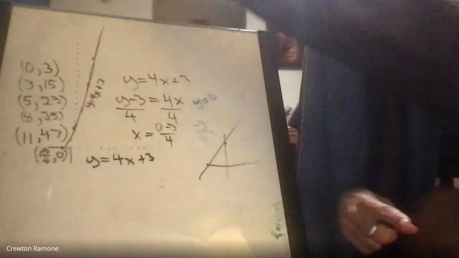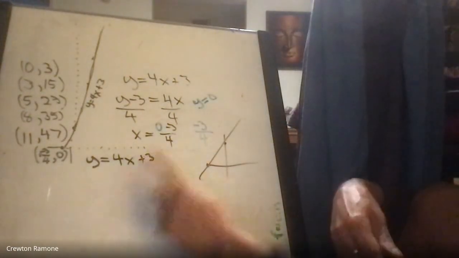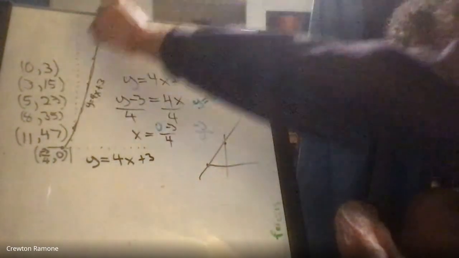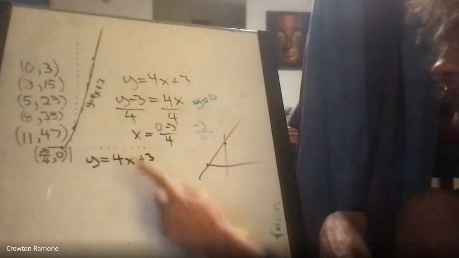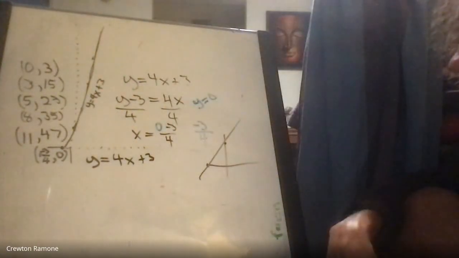If I go all the way over to 11, I have to go all the way up to 47, and I'd have to start my graph way down there to plot that point. I see it now.